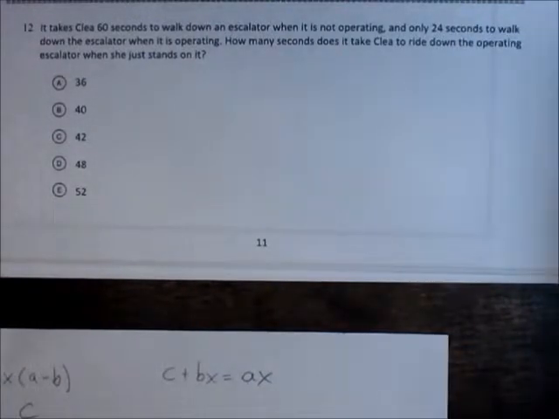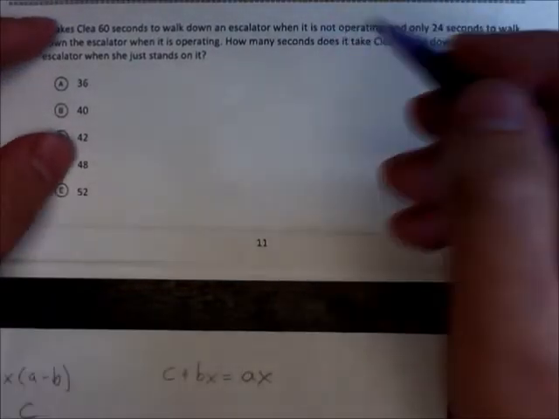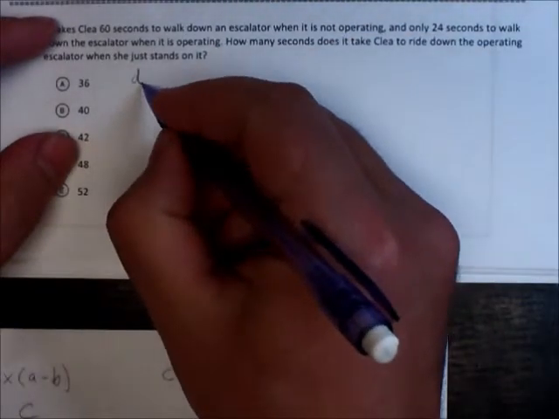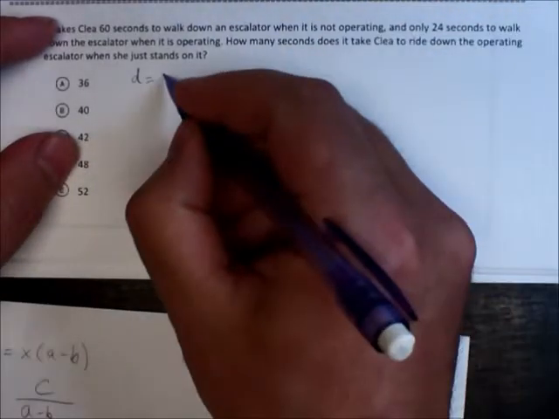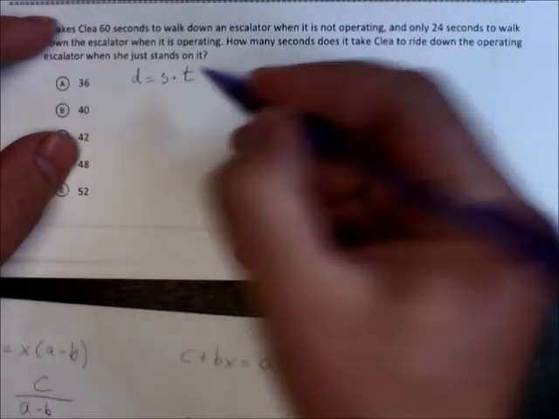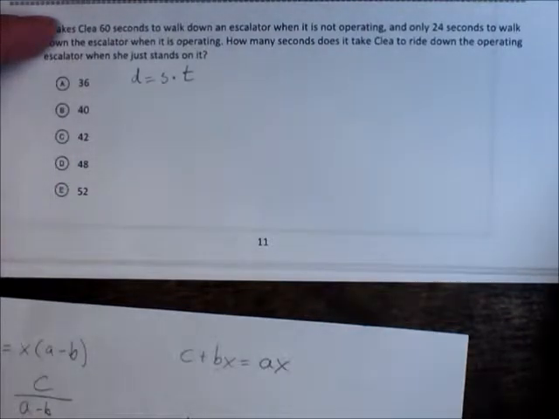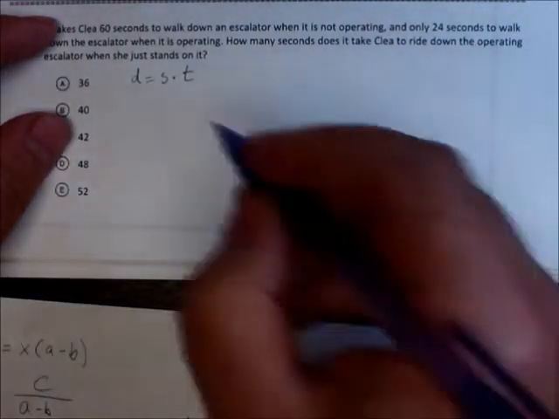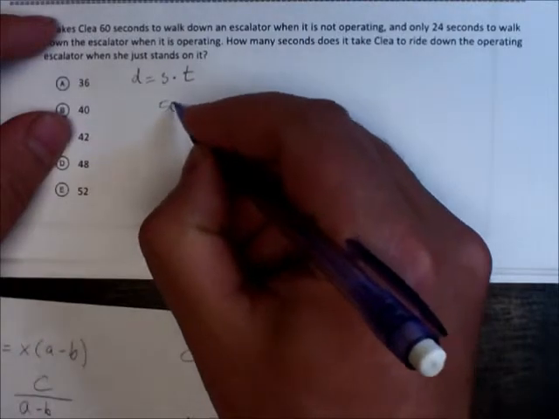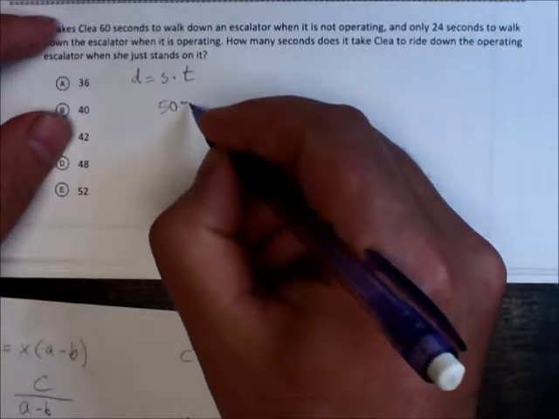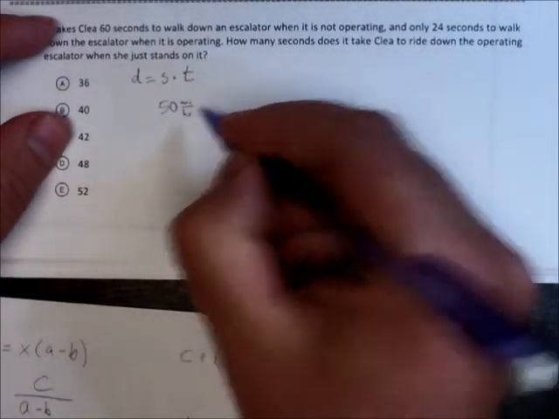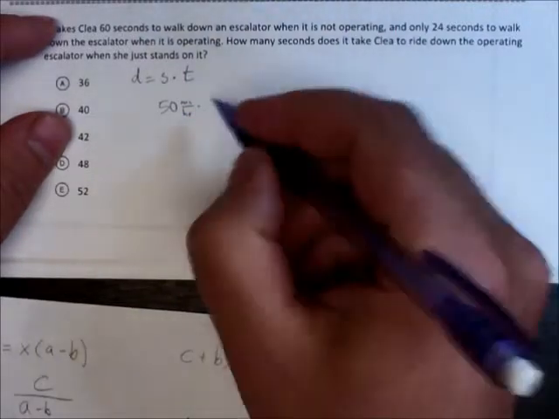So what we're going to do is work with this equation. Distance is equal to speed times time. Let me give you an example. Let's say I'm traveling 50 miles per hour for 2 hours.